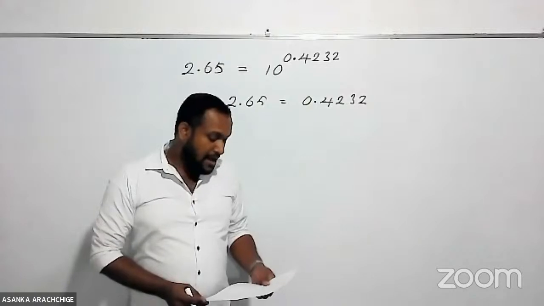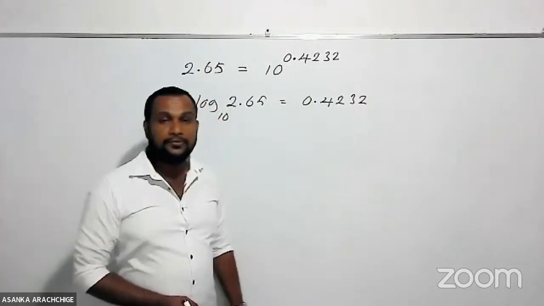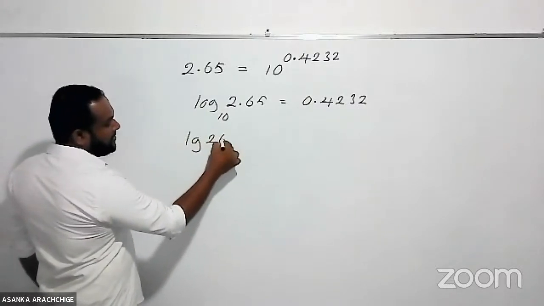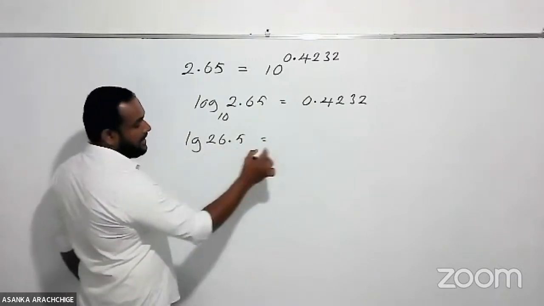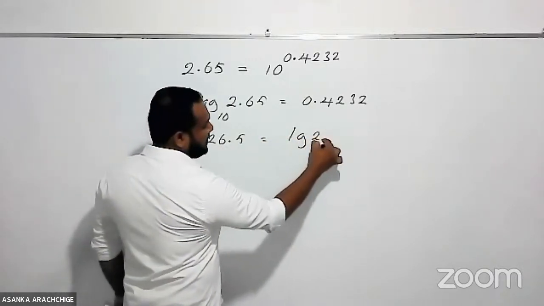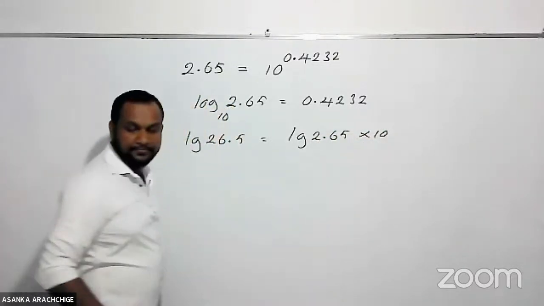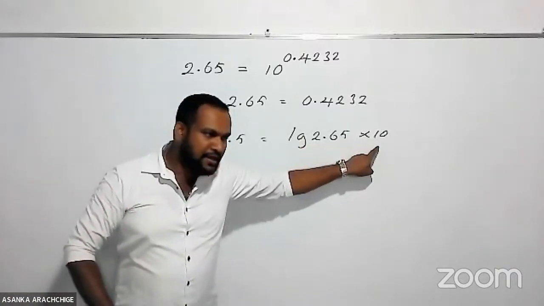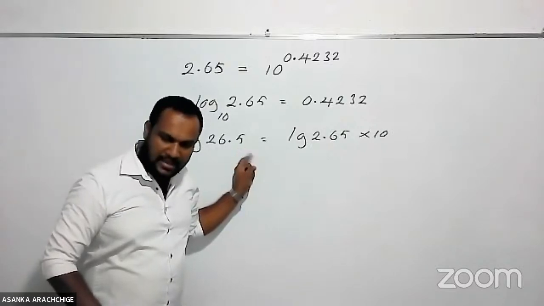So, find the value of logarithm of 26.5. LG 26.5 can be written as LG of 2.65 times 10. 2.65 times 10 is 26.5. Clear?